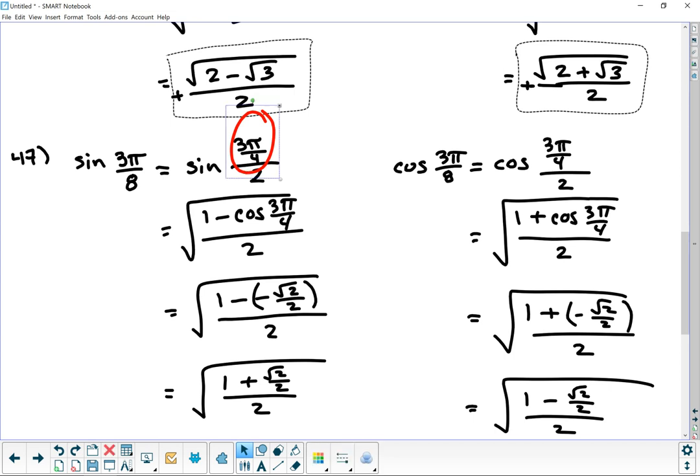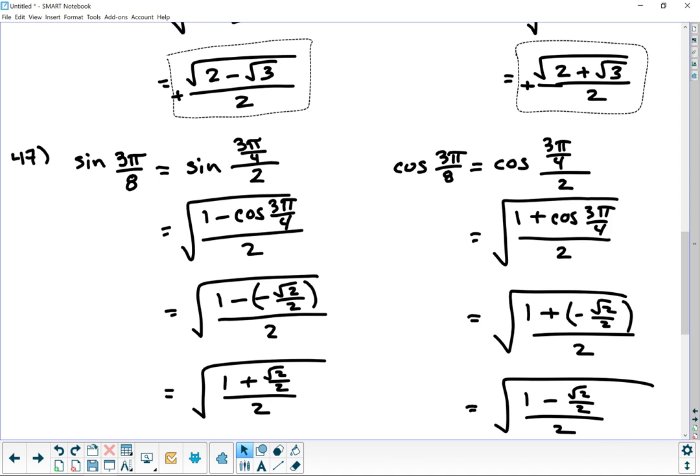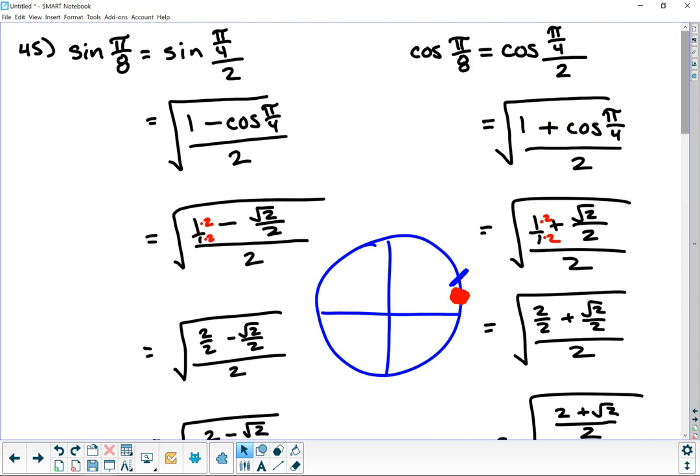If you look on your unit circle, 3 pi over 4 is sitting over here, right smack in the middle. And 3 pi over 8 is half of that.